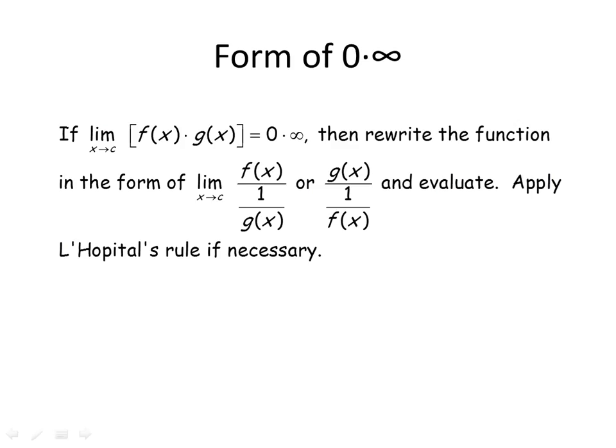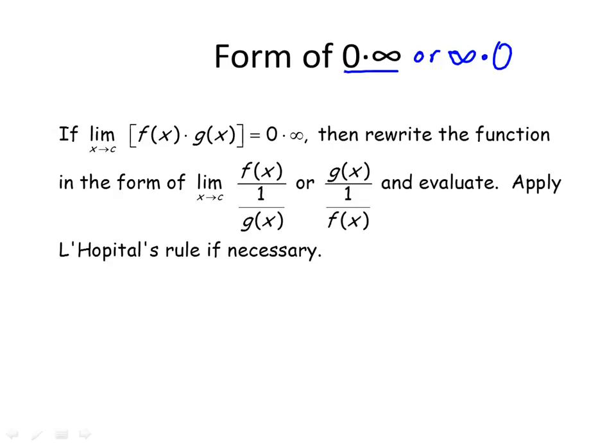Well, what happens if you don't have a quotient? What happens if you have a product? What happens if you have a product and you get something that looks like this, or you could even get this? Those two mean the exact same thing. Okay? So this is another form. This is your products. Instead of dealing with a quotient, we're dealing with a product.